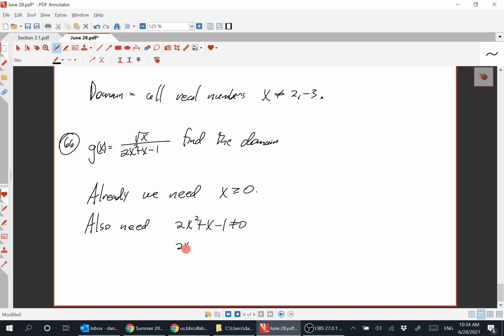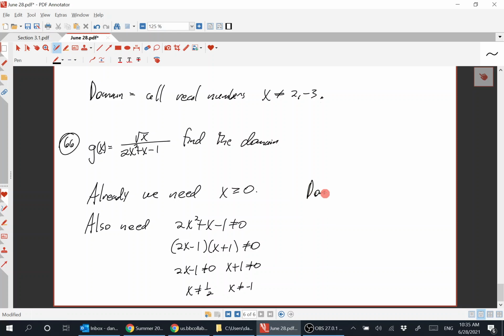So solving this, so what do we have here? This factors, so 2x minus 1 is not 0, and x plus 1 is not 0. So x is not equal to a half, and x is not equal to negative 1.